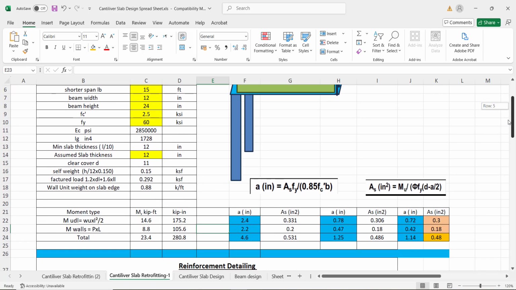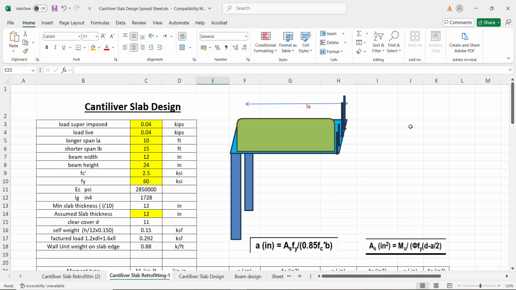So starting from a simple cantilever slab, this is a typical model.